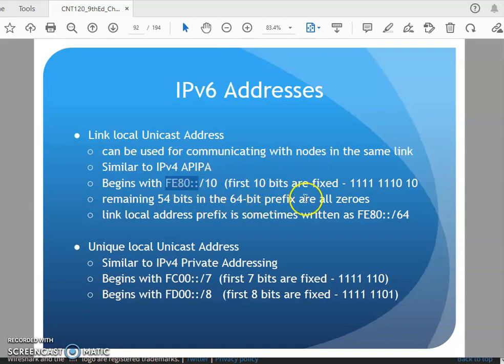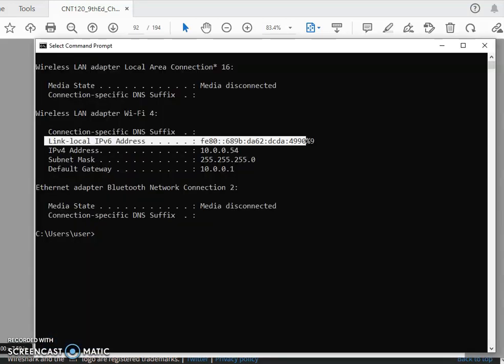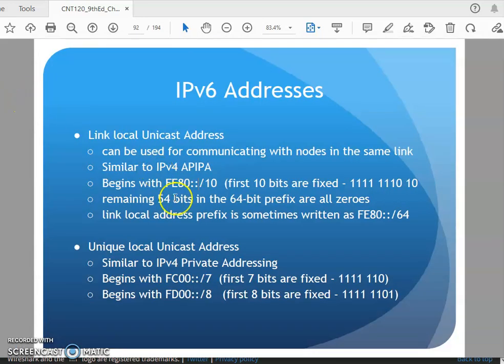The remaining 54 are all zeros. This link local address is very much like having the 169.254 in IP version 6. So this is a very local address. If I go back and look at this right here, this is literally my link local IP version 6 address for this PC.